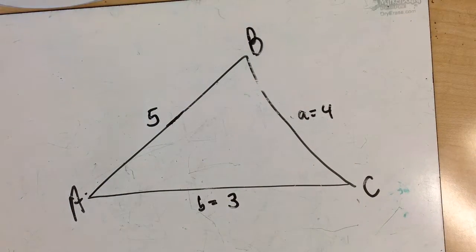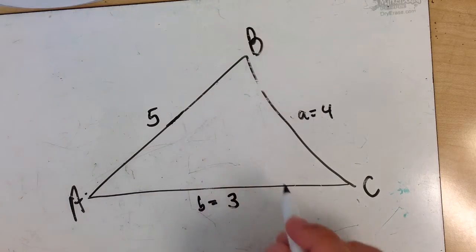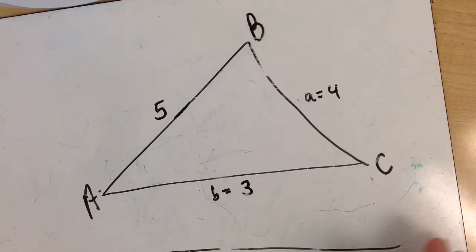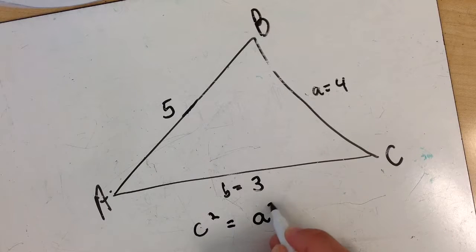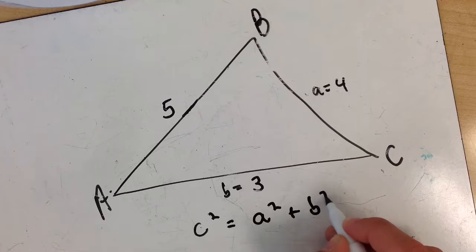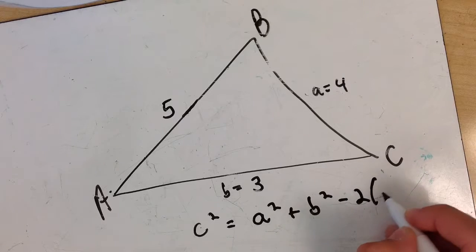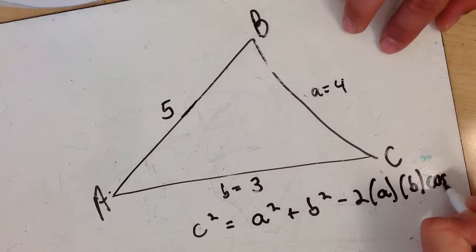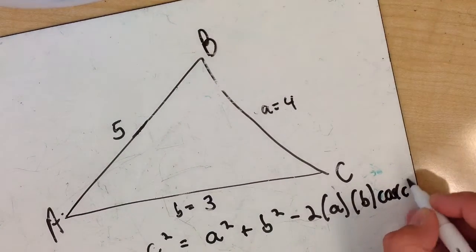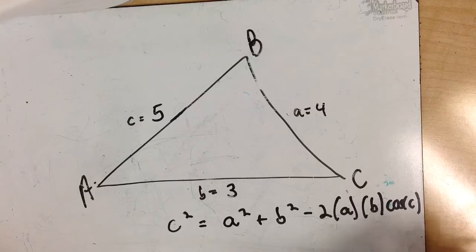For this problem, we're working with 3 given sides, so we use the equation C squared equals A squared plus B squared minus 2 times A times B times cosine of C. Now we are going to plug in the given sides into the equation.